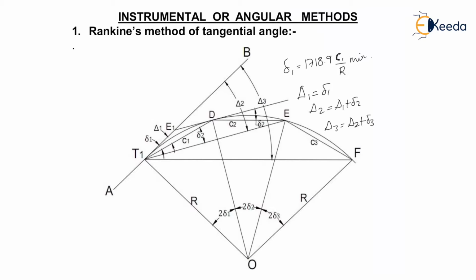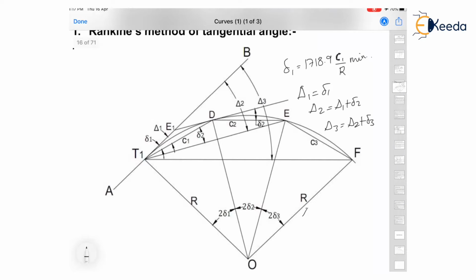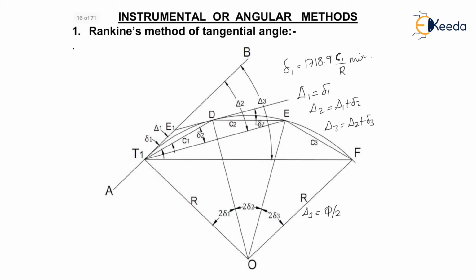Then we have to check that the total deflection angle, delta 3, being the last angle, should be equal to phi by 2. If we get the angle equal to phi by 2, then our calculations are right. And phi is your total deflection angle, which may be given.